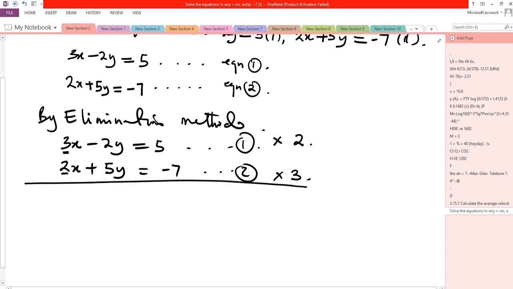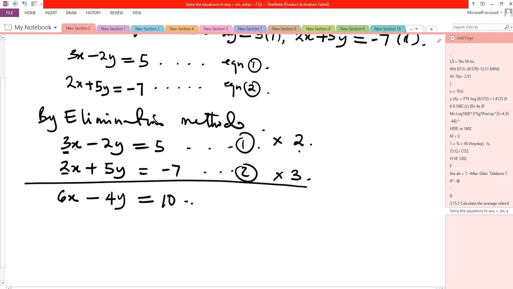Now I will use 2 to multiply all through. So 2 times 3x will give us 6x, 2 times minus 2y will give us minus 4y, and 2 times 5 will give us 10.